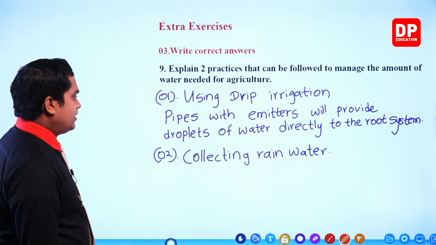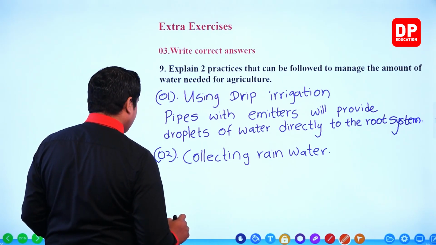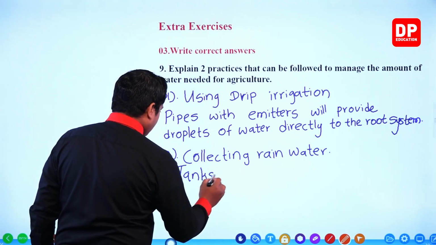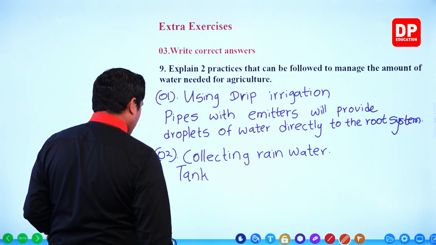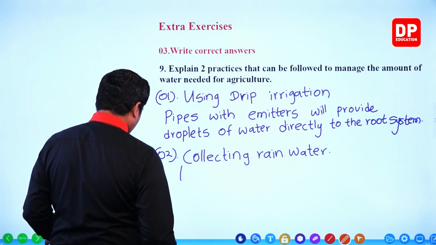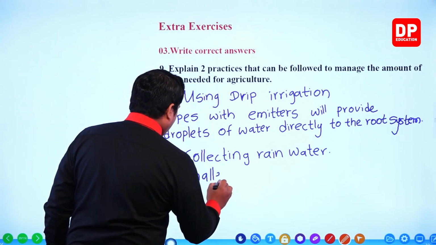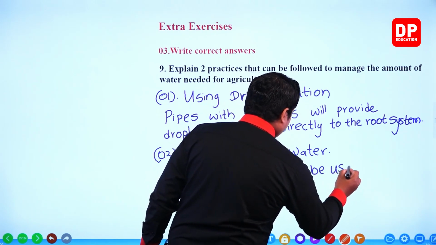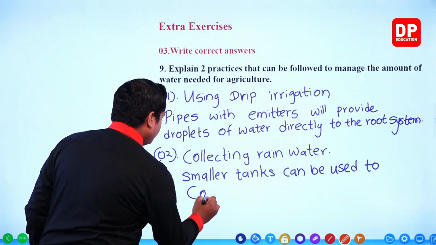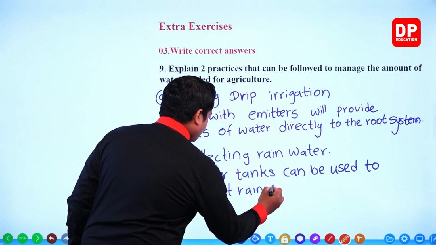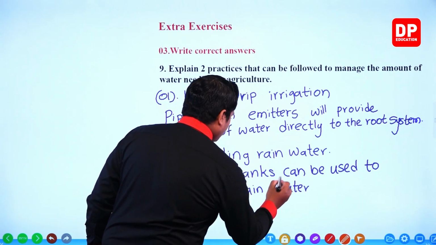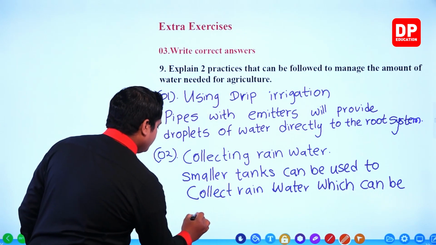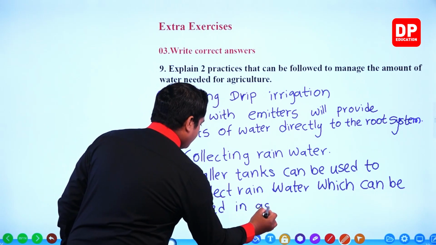Smaller tanks can be used to collect rainwater which can be used in agriculture.